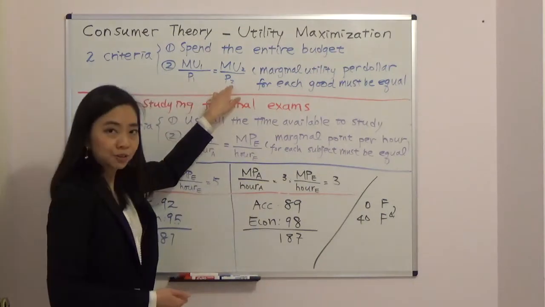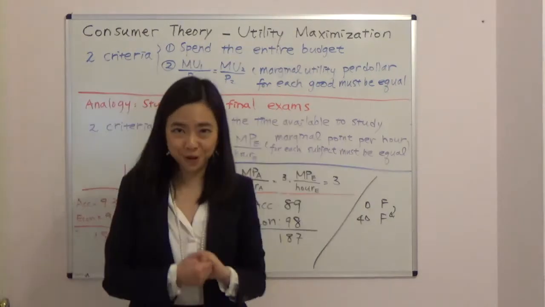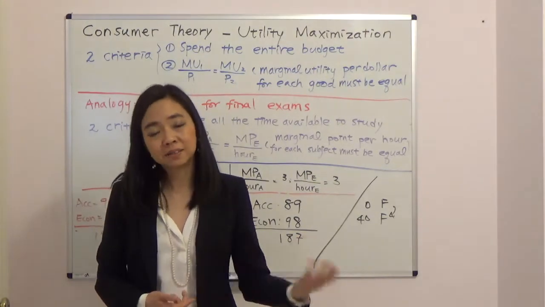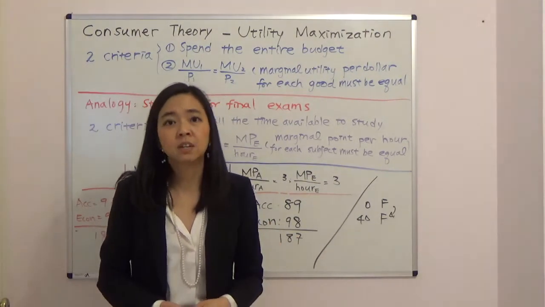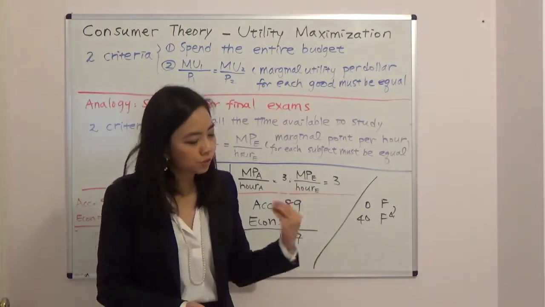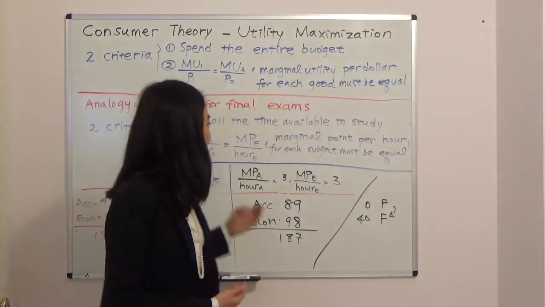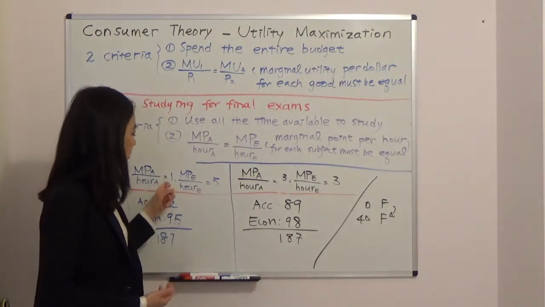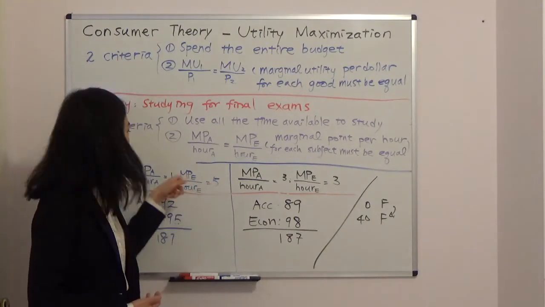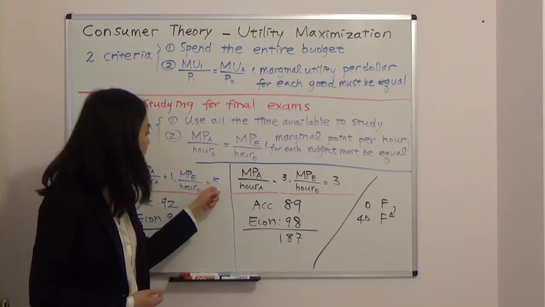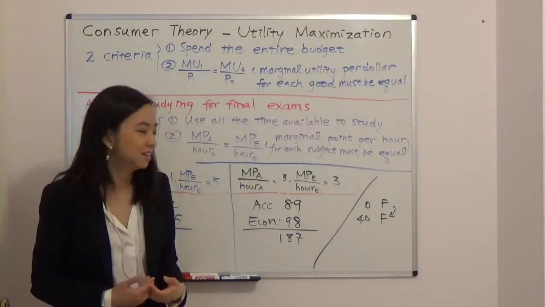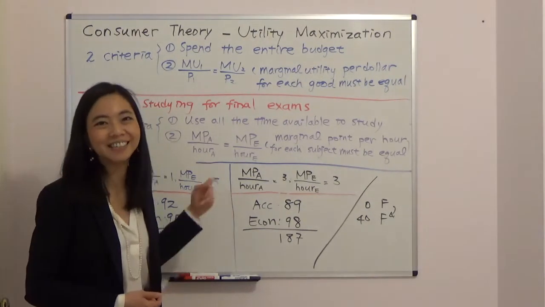If they are not equal, so if the marginal utility per dollar from apples is higher than marginal utility per dollar from oranges, that means apples are a better investment. You need to spend more money on apples to increase your utility and reduce the money you spend on oranges. Likewise, if your marginal point per hour is not equal, say econ is 5 points and accounting is 1 point, that means spending time on studying economics is a better investment. So you should spend more time on studying economics.